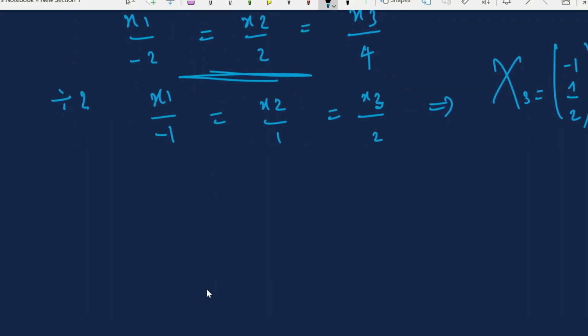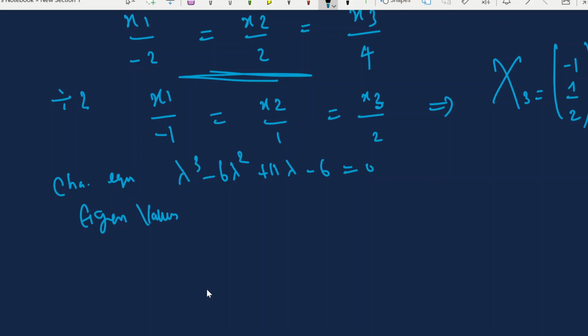So now our characteristic equation is lambda cube minus 6 lambda square plus 11 lambda minus 6 equals 0. And eigenvalues are lambda equals 1, 2, 3.